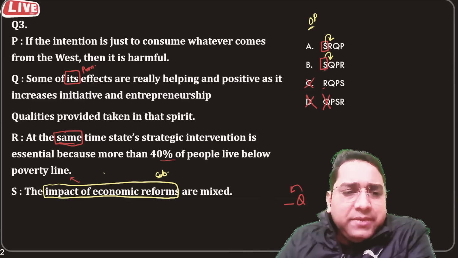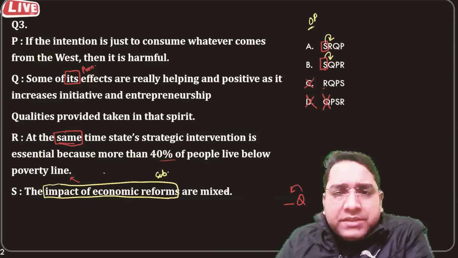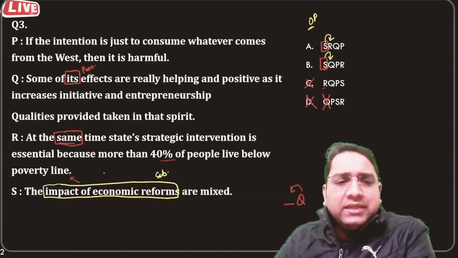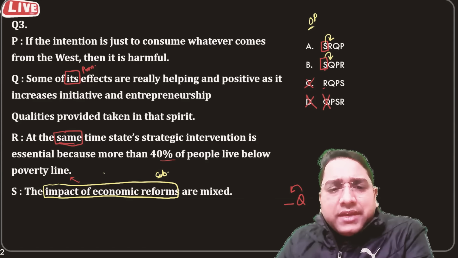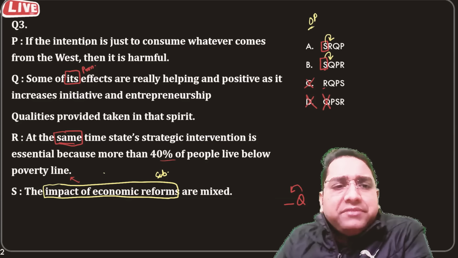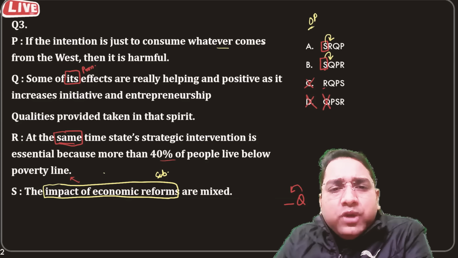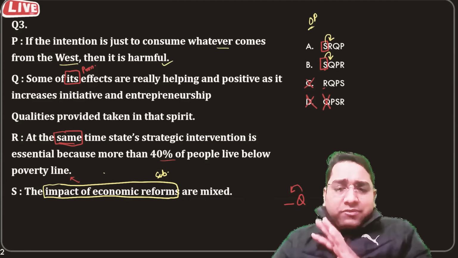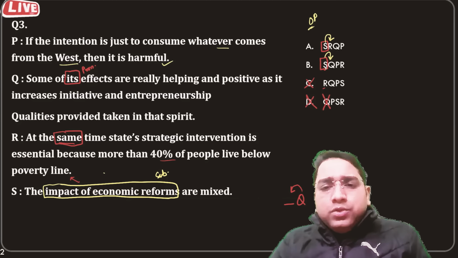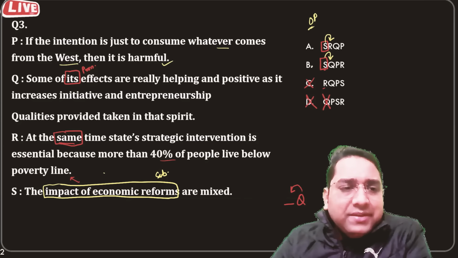R or Q, let's see. The impact of economic reforms are mixed. If it is R, it says at the same time states strategic intervention, and Q says if the intention is just to consume whatever comes from the West, then it is harmful. It's very clear that after S, Q is making more sense.